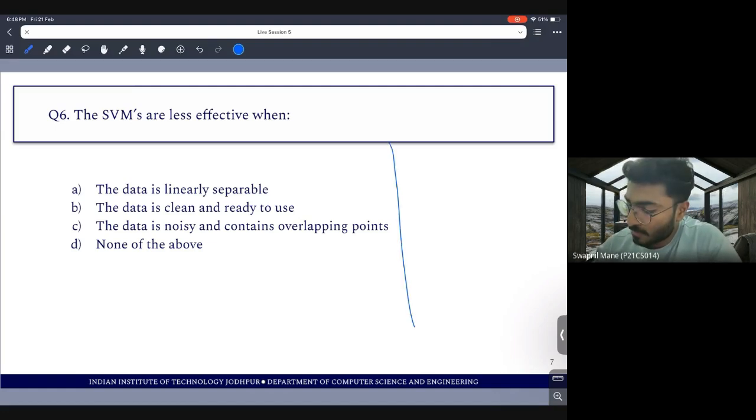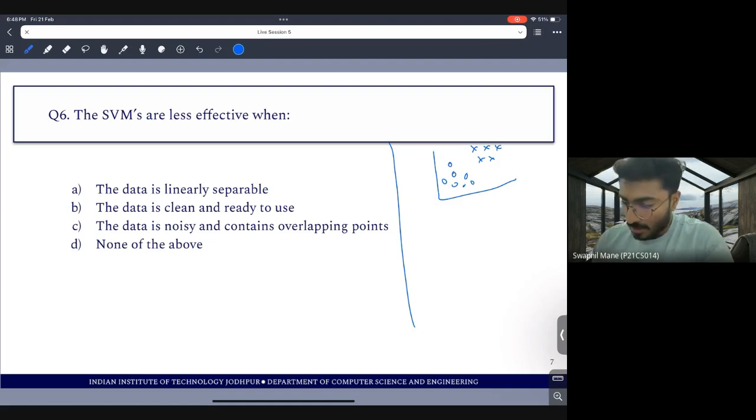Here, the first option states that the data is linearly separable, meaning there are two classes and one class does not intrude into the other.